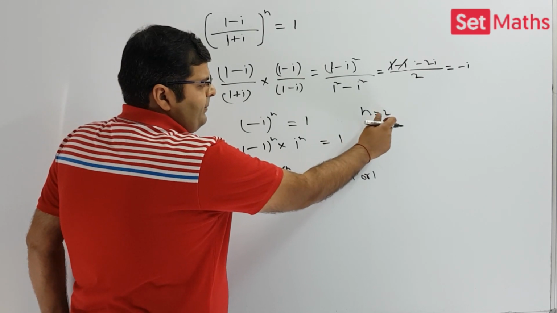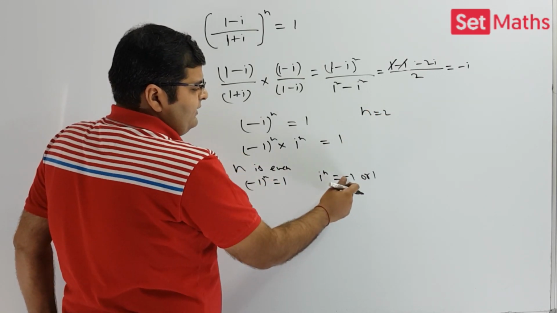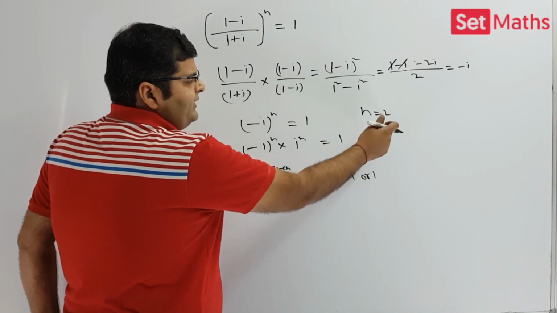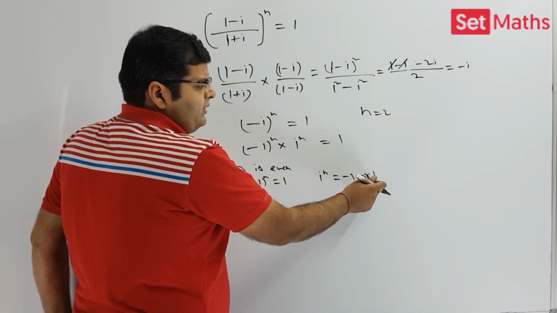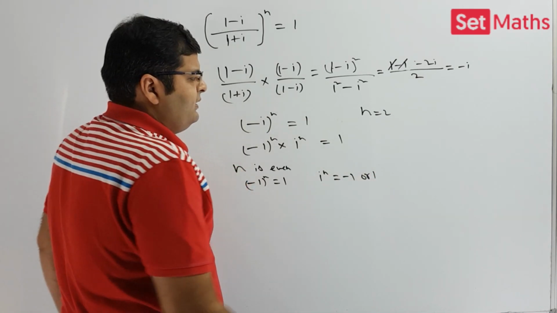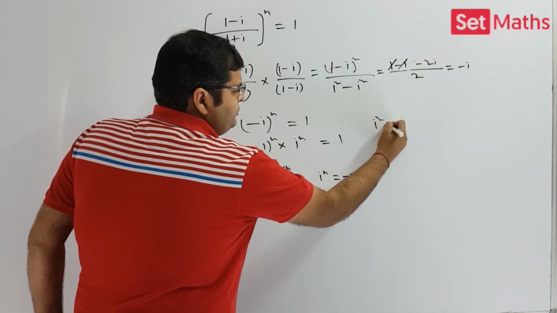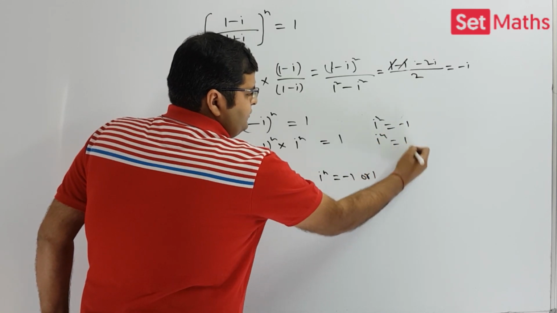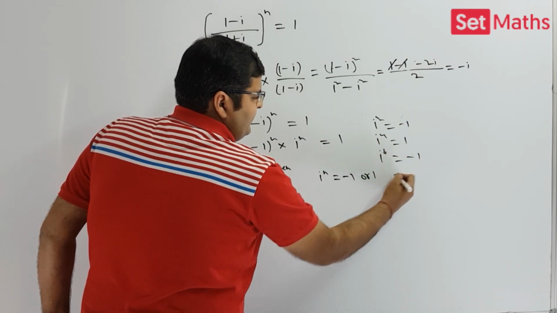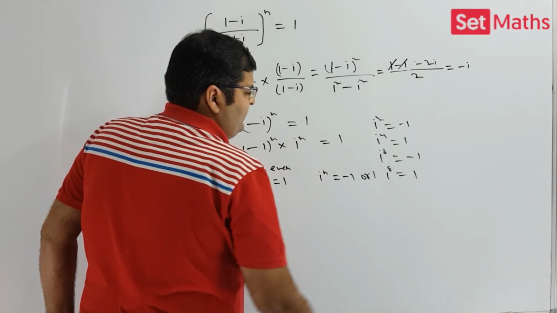When it is a multiple of only 2, then this is minus 1. When it is a multiple of 4, then this equals 1. Because if you look at it, i raised to 2 is minus 1, i raised to 4 is 1, i raised to 6 is minus 1, i raised to 8 is 1.